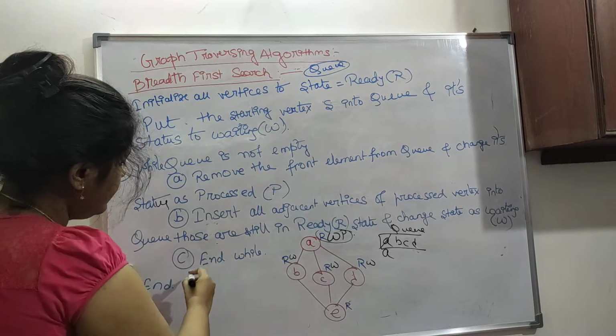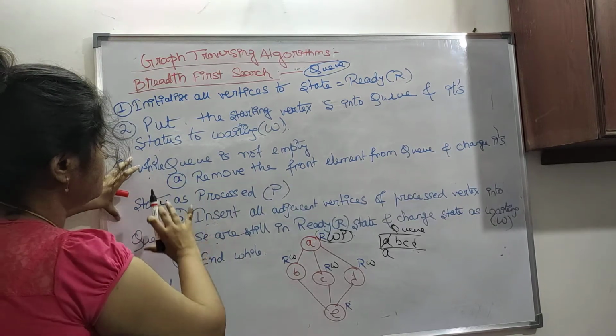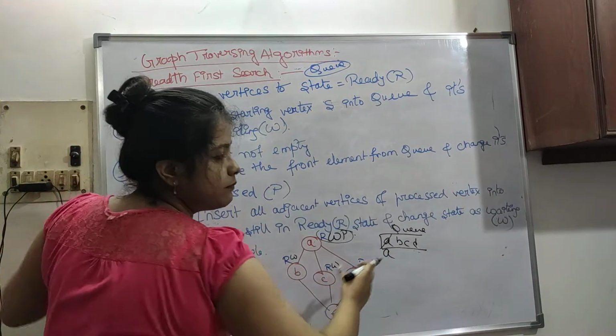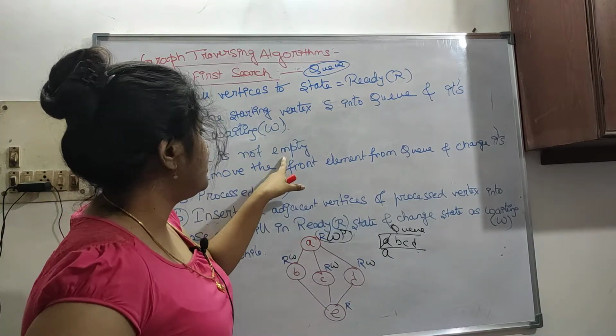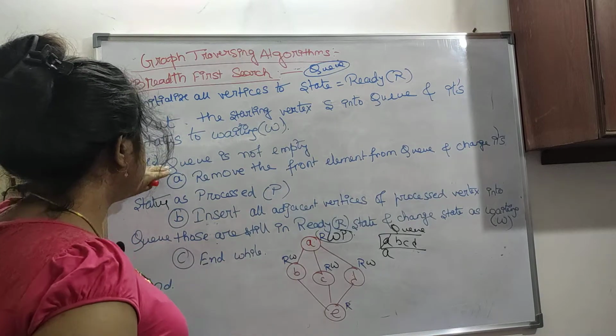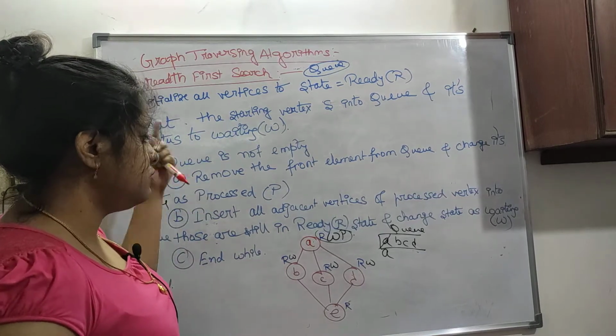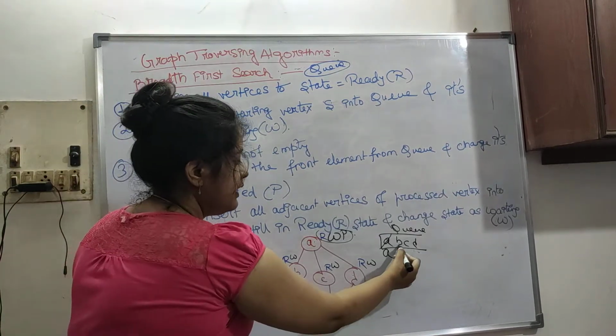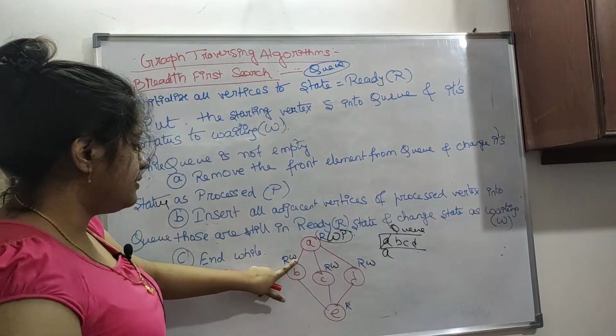Now again we have to continue this while loop because the queue is not empty. The condition to break the while loop is when the queue is empty. Since it is not empty, we continue. So now next is B, which is waiting.